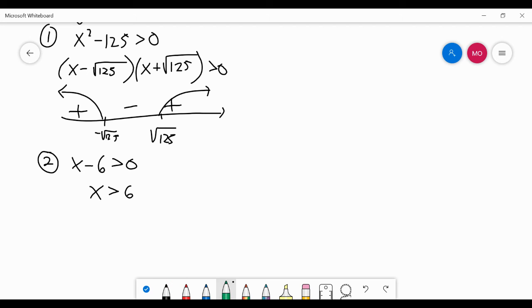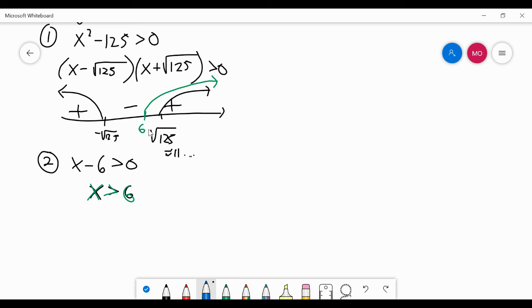So I'm going to take a different color. If x has to be greater than 6, well, first of all, root 125, how much is that? We know that root 121 is 11. So this has to be equal to 11 point something. So our 6 should be somewhere in the middle. That's what it means. So if x has to be greater than 6, it means it's this area.